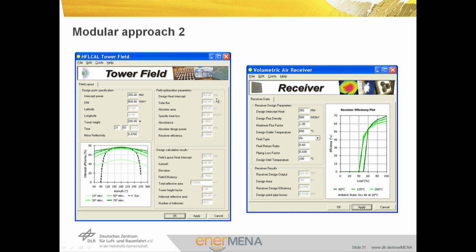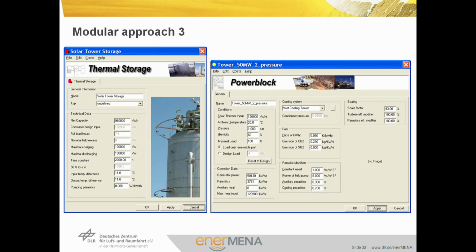All the other field parameters are coming from the pre-calculated performance map. For the receiver, the user can also define the design intercept heat flux density, maximum flux factor, design outlet temperature, and of course fluid type. The thermal storage and the power block, as I told before, are very similar to those from parabolic trough power plants. There is no real difference.